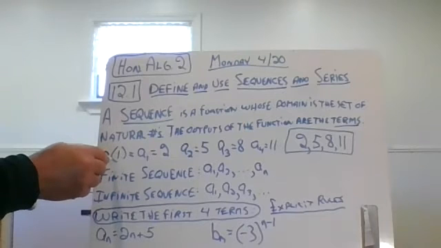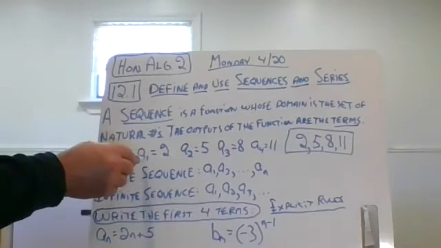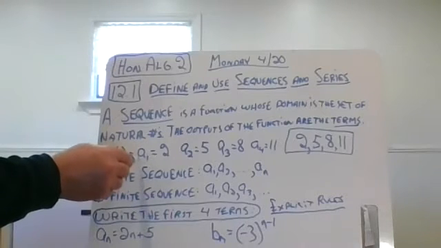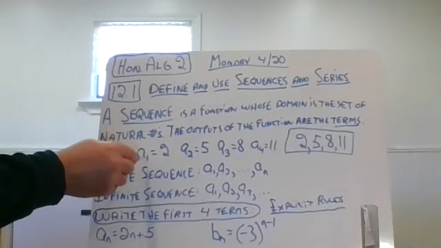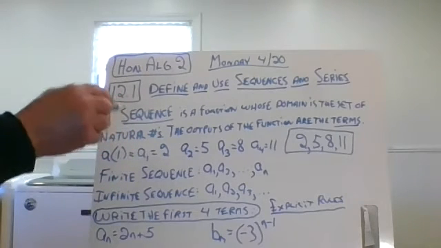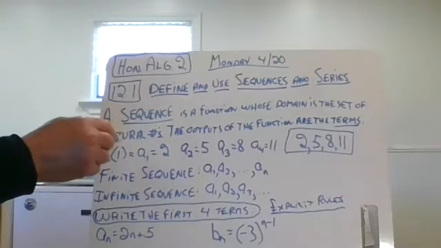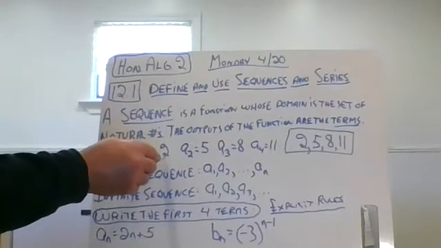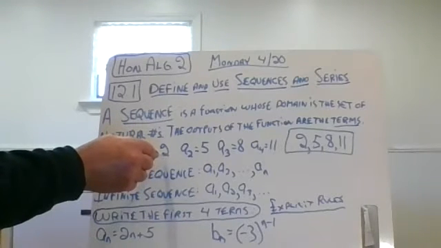But the notation isn't A of 1, it's A sub 1. That's special sequence notation. So A sub 1 really means A of 1. 1 is your input. You go to your rule, put a 1 in, and you generate the term, and you come with the output, and that's the term of the sequence.